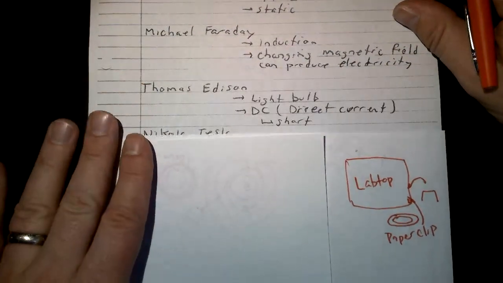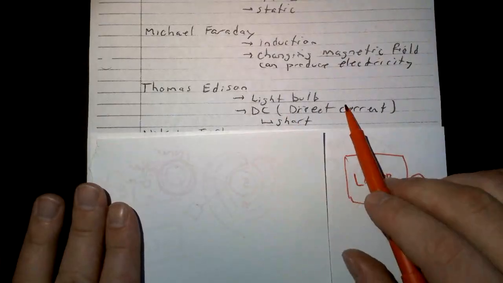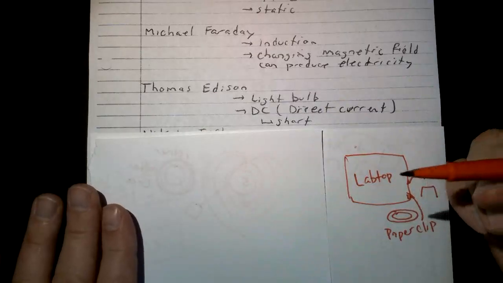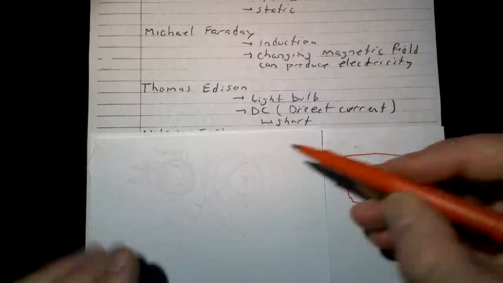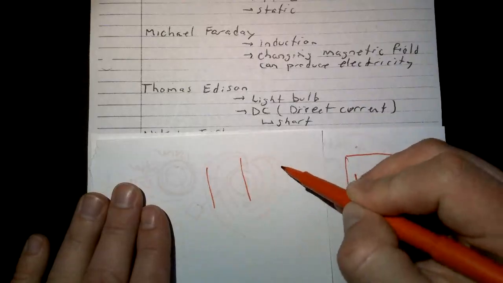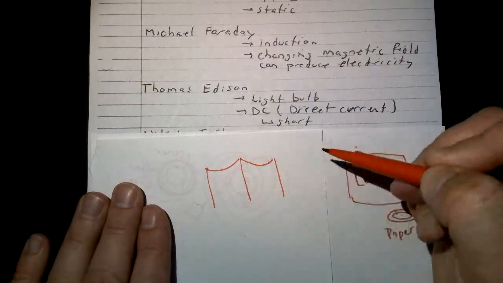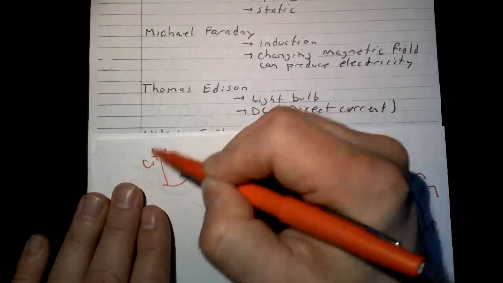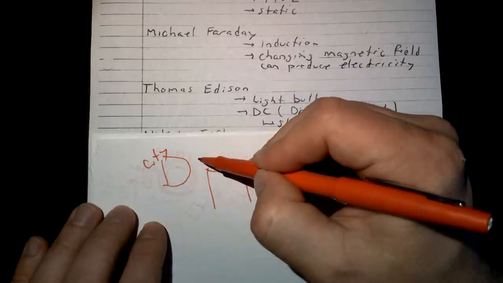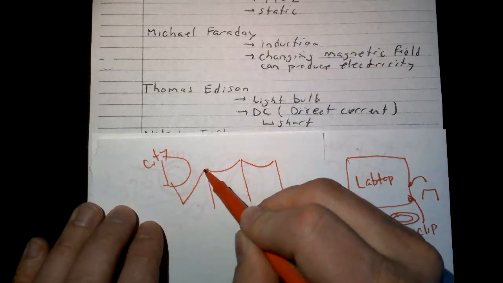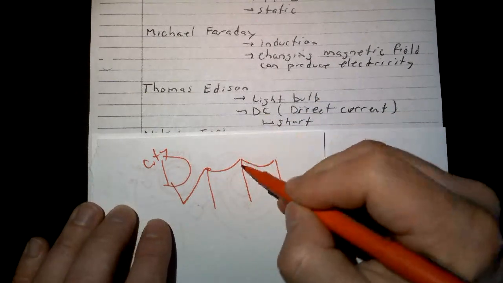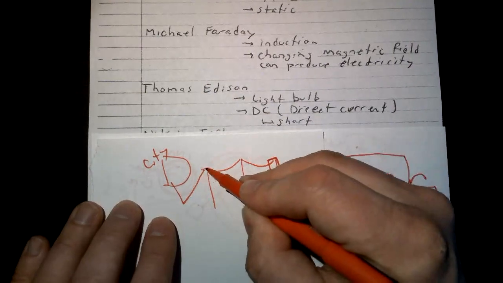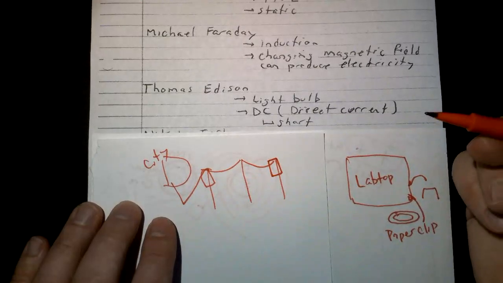And then you have Edison, which is the DC current for short. They were trying to figure out how to get electricity into the home. If you have power lines, you have the city generating current, and that current gets transferred into these power lines. I don't know if you ever see these, but there are these little things on the power lines called transformers.